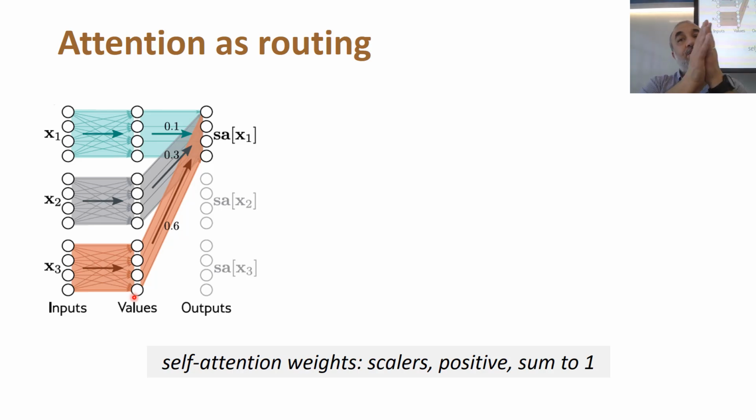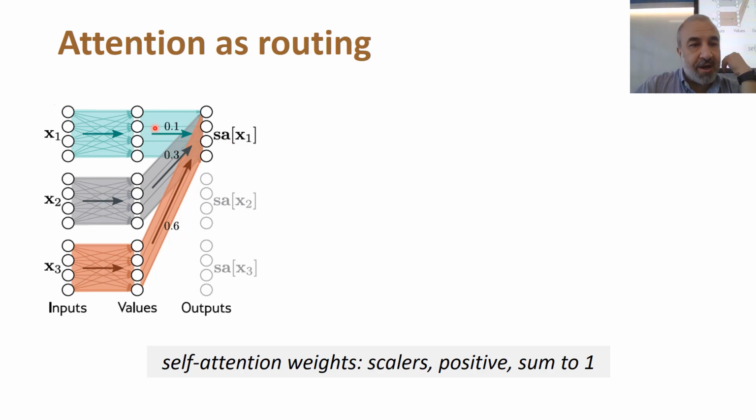Now, getting from values to outputs. Here we are getting the output for the first word, self-attention of x1. It's a weighted sum of all the value vectors.